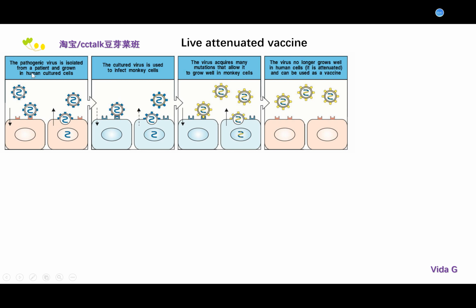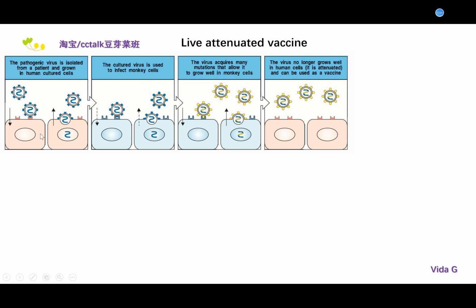We isolate the pathogenic virus from a patient and grow it in human culture cells.